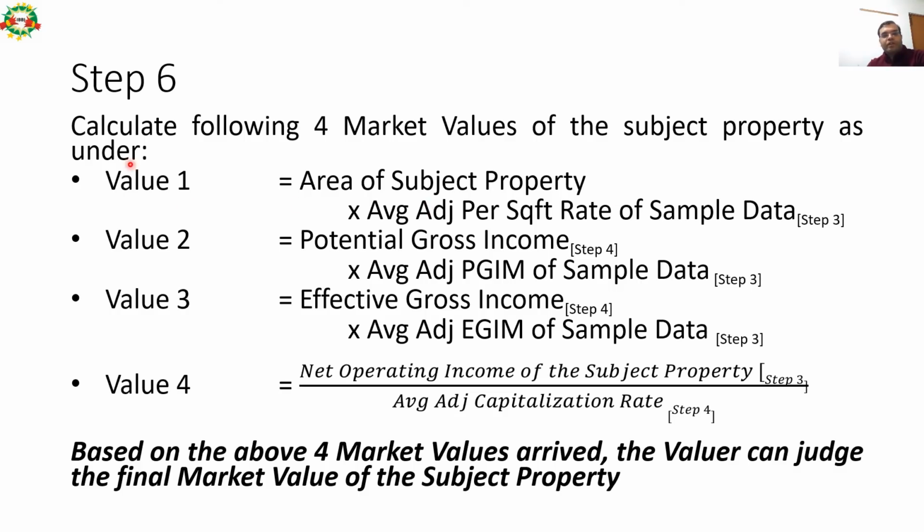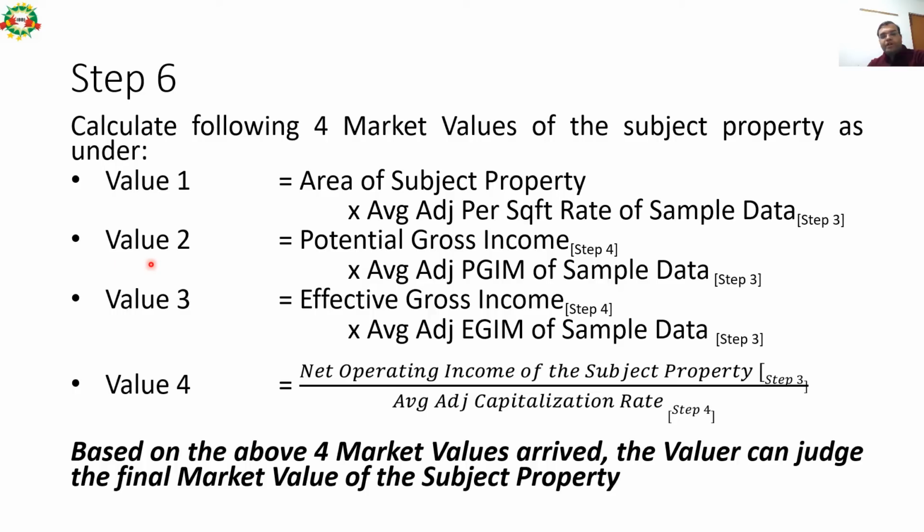After that, calculate the following 4 market values of the subject property as under. Value 1 is equal to area of subject property, the property which is required to be valued by the valuer, multiplied by average adjusted per square feet rate of sample data, as we calculated in step number 3.